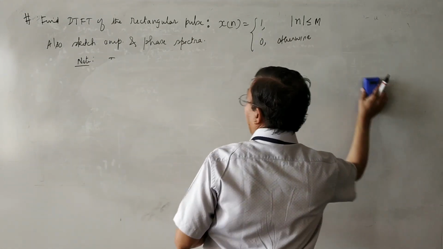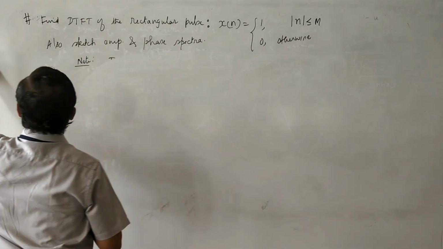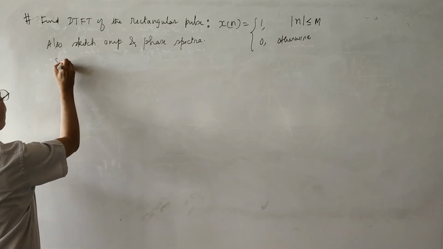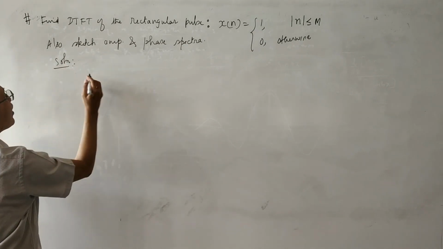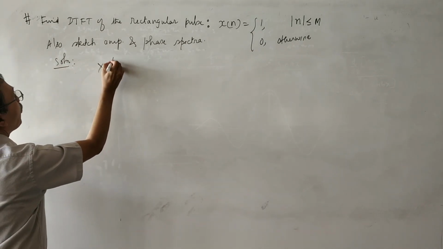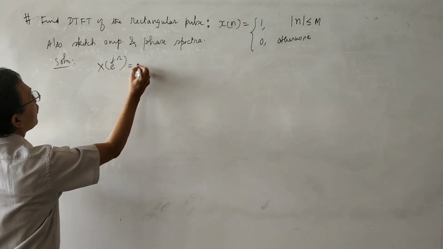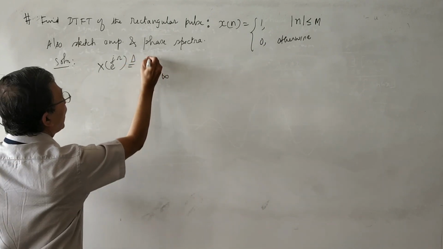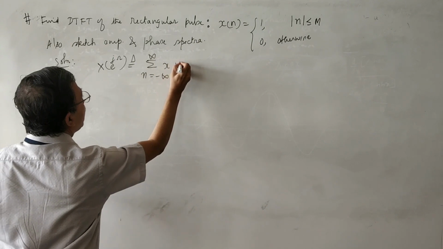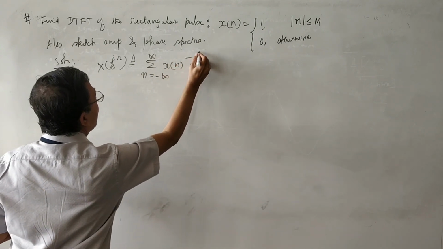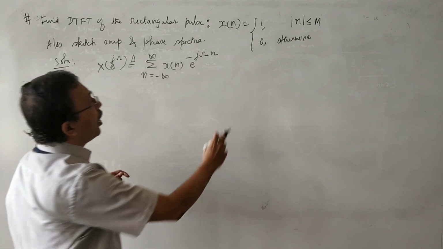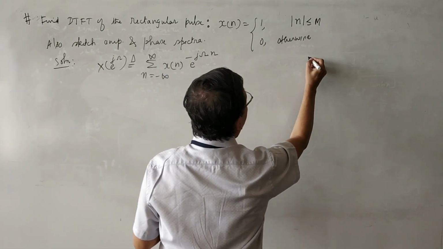Now we come to the actual solution. X of e power j omega equals, by definition, summation n equals minus infinity to plus infinity, x of n into e to the power minus j omega n. Mod n less than or equal to M means the function looks like this.